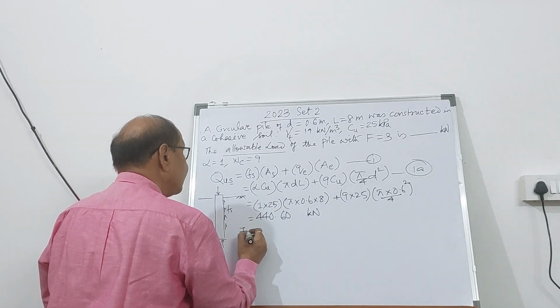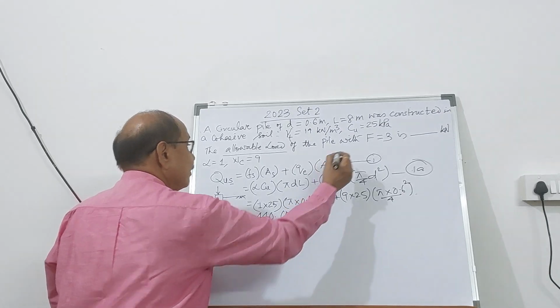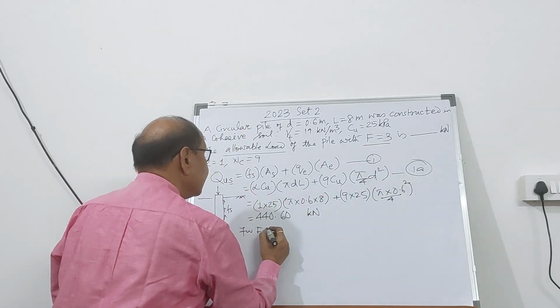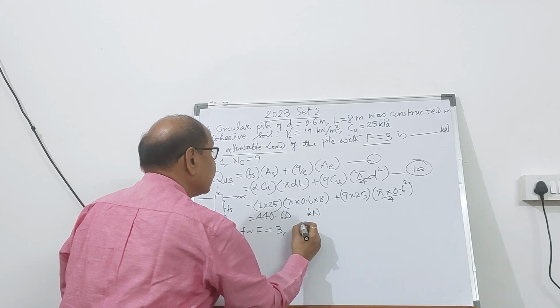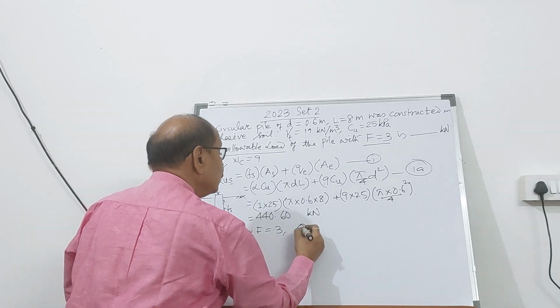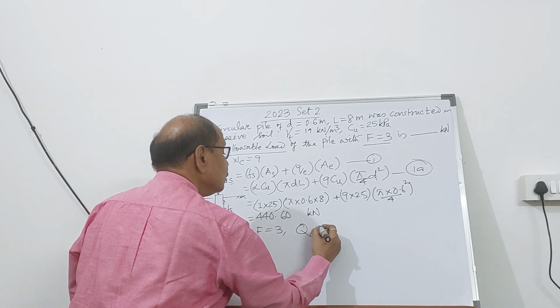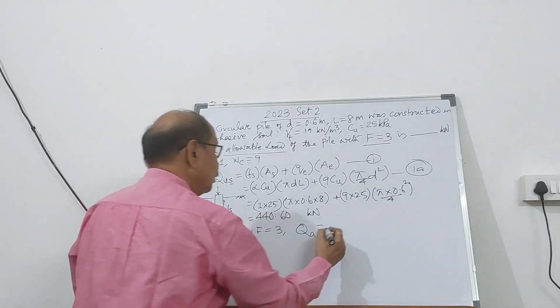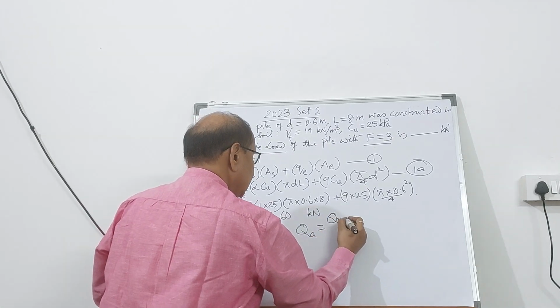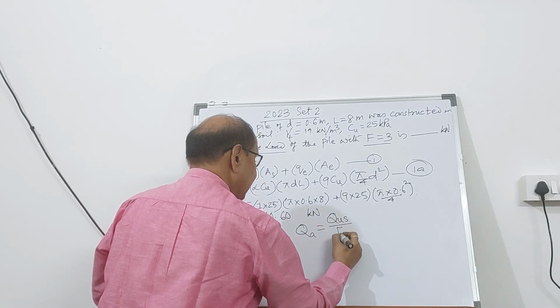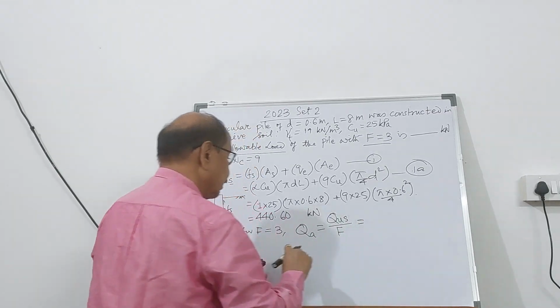So for the factor of safety F, which is given over here as 3, the allowable load or the safe load will be equal to the ultimate load carrying capacity of the single pile divided by the factor of safety.